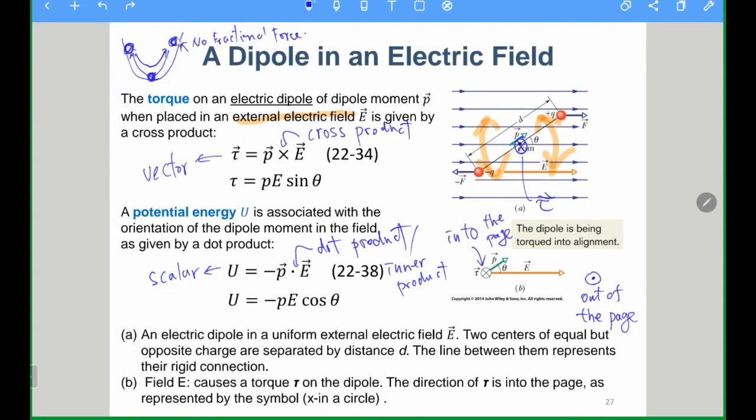Some potential energy transfers into kinetic energy, and the kinetic energy transfers back to potential energy. This is pretty much like the dipole. If you place it initially at this position, all of it will be potential energy, and then it will swing to this position, where all the potential energy will become angular momentum, or rotational kinetic energy.